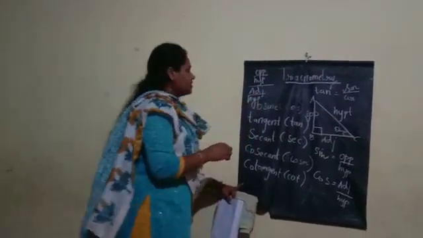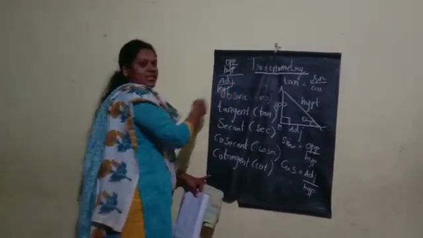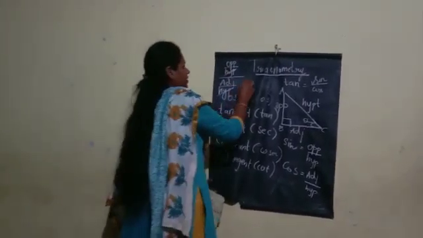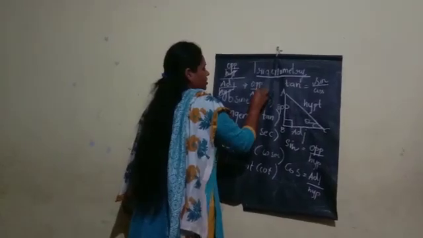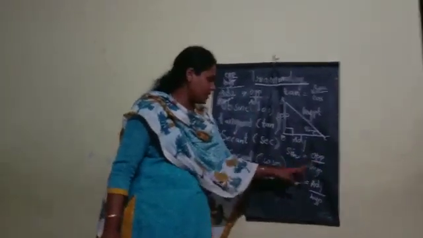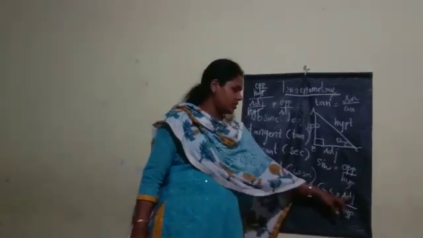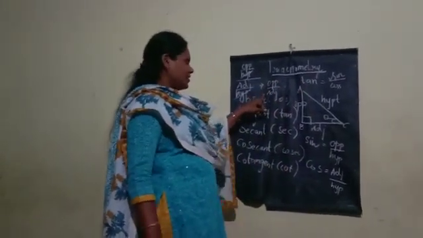These 2 denominators being the same, hypotenuse gets cancelled. What remains is opposite by adjacent. So this is the value of tan. Sine is opposite by hypotenuse, cos is adjacent by hypotenuse, and tan is opposite by adjacent.